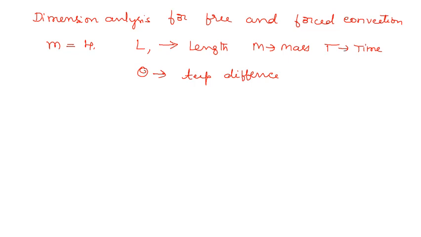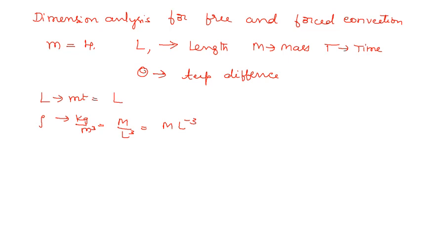The length, which is quantified in meter, we give as L. Similarly, density, which is kg per meter cube, can be written as ML to the power minus 3.